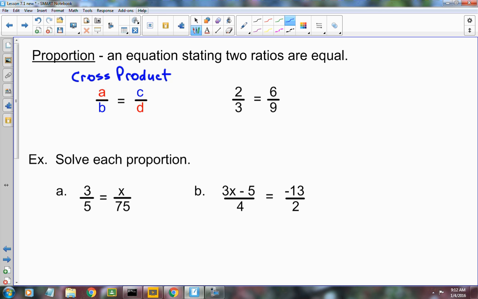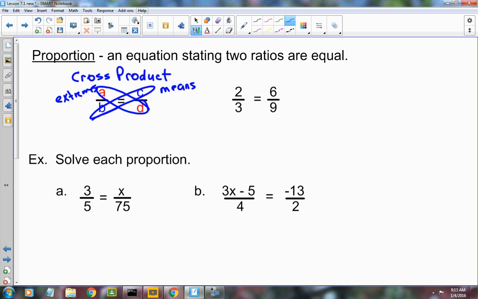And to do the cross product, you multiply your extremes and set them equal to the product of your means. So that left diagonal is your extremes, the right diagonal is the means.